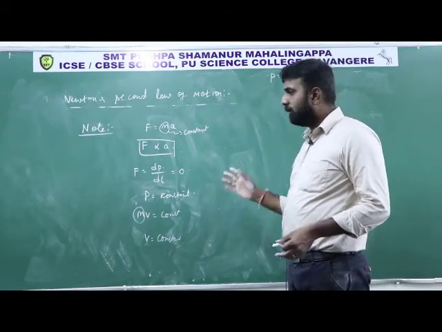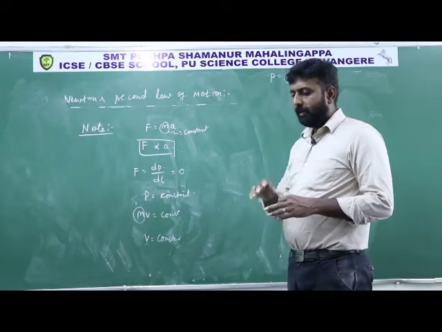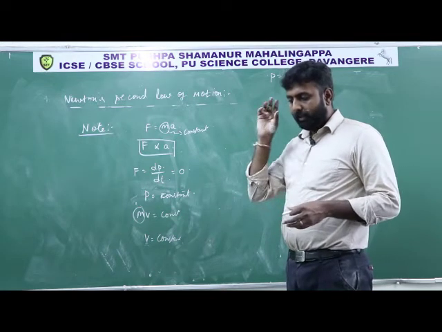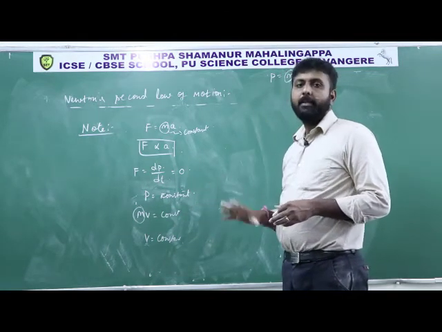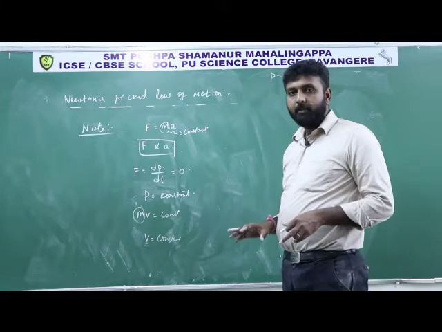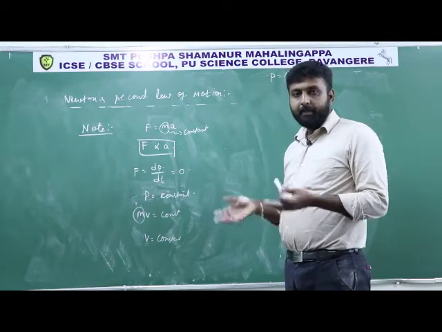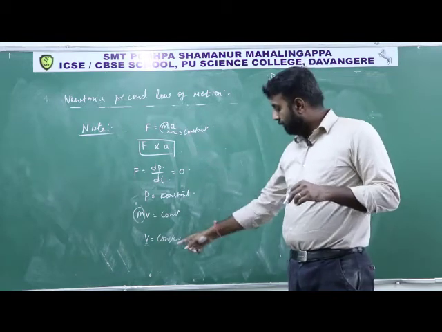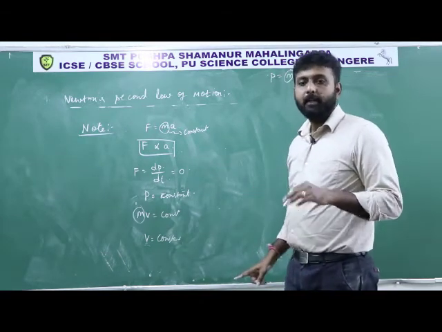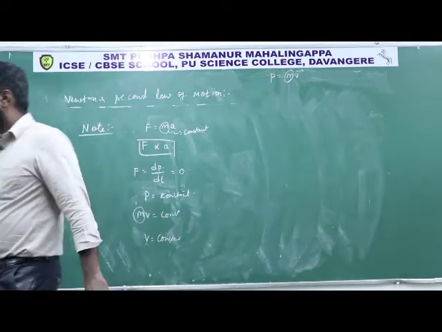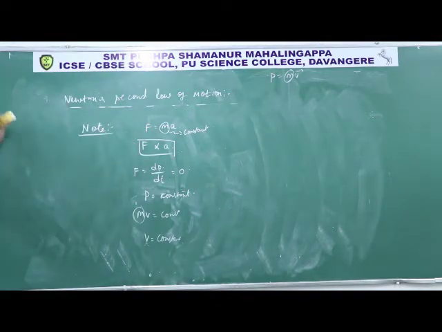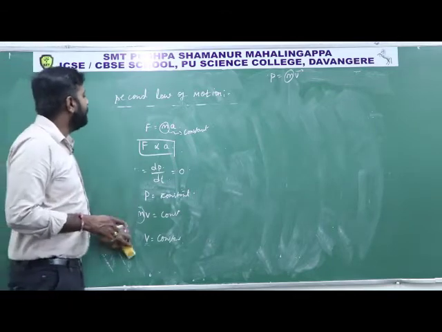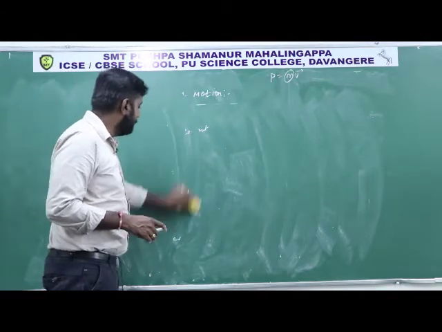If force is 0, no force is acting on the object, the acceleration is also 0. Acceleration 0 means the object may be at rest or the object may move with constant velocity. Remember. So this is about Newton's second law of motion.